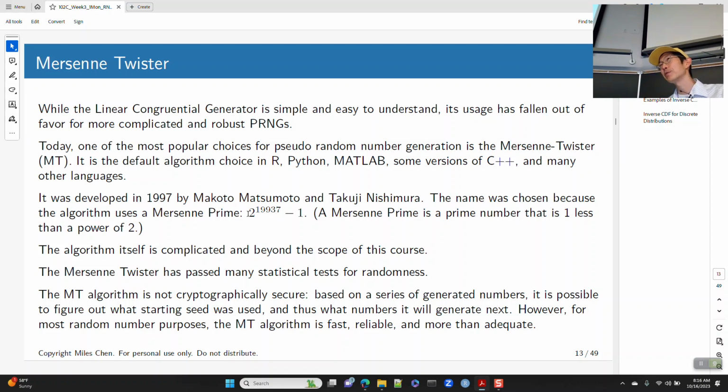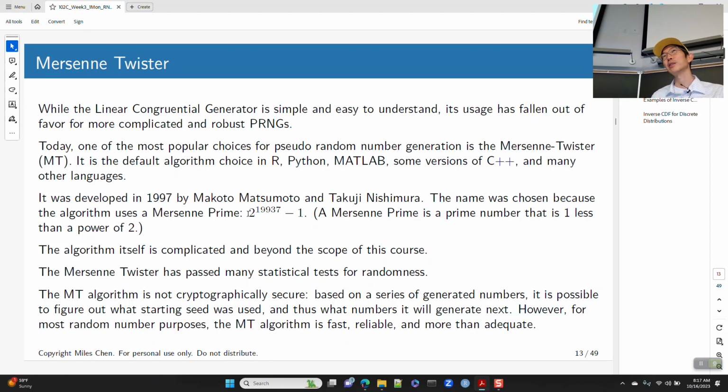So anyway, all to say, it's very popular. It's passed a whole bunch of different statistical tests as far as, does this act like a random number? And it acts like it's random. That said, it's not cryptographically secure. So if you have to do something for encryption, where you don't want somebody to hack and figure out what numbers you're using, you don't want to use the Mersenne Twister, because once you see a sequence of, say, 10 random numbers generated by the Mersenne Twister, you can backwards solve and figure out what its starting seed was, and then you could start predicting the next set of numbers.